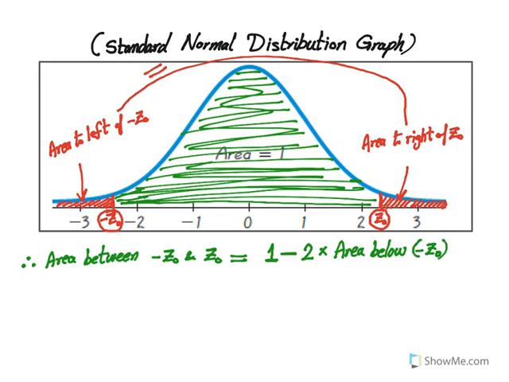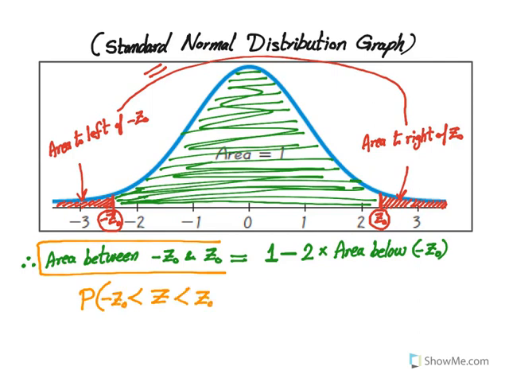So in this case, you can have it like this, or you can write it in an easier way. The area between negative Z0 and Z0, we can write it as the probability that Z is between negative Z0 and positive Z0 equals, now let us write the second part as probability.